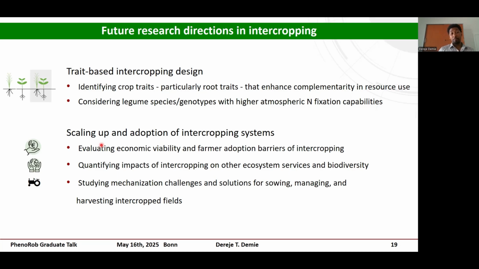And in scaling up and adoption of intercropping systems, it is important to evaluate economic viability and farmer adoption barriers. Quantifying the impact of intercropping on other ecosystem services and biodiversity is also crucial to study. Most importantly, studying the mechanization challenges and solutions for sowing and managing intercropping systems, especially harvesting, has to be tackled in future research.